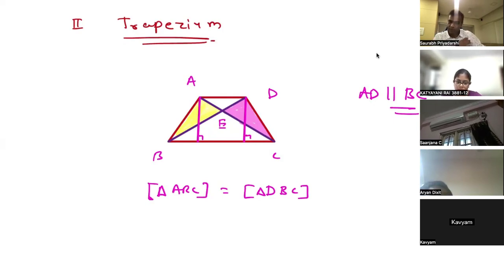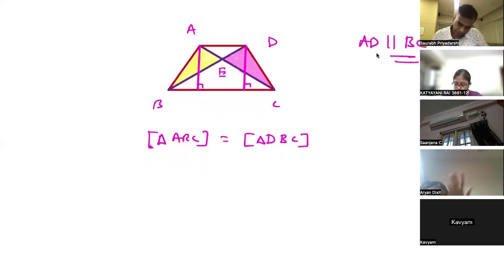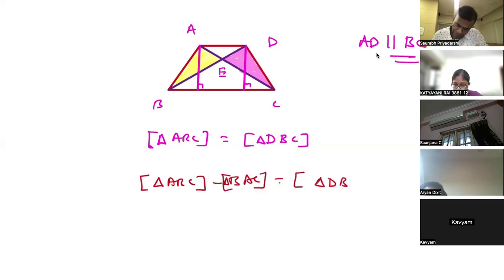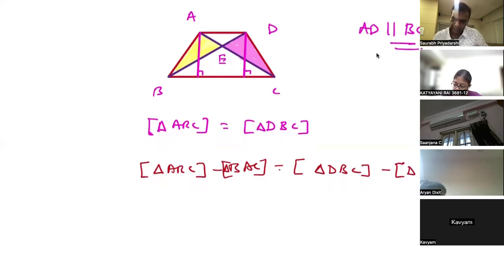Right, so 100% I can say this. But if I subtract BAC from both sides, what area am I getting?